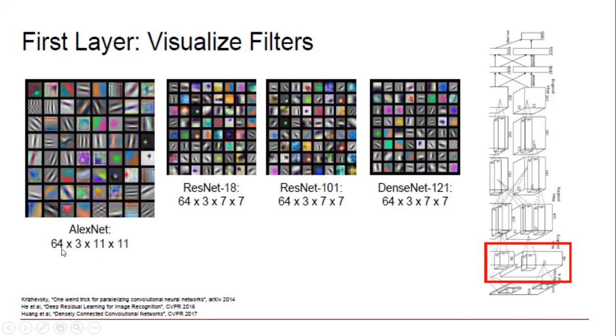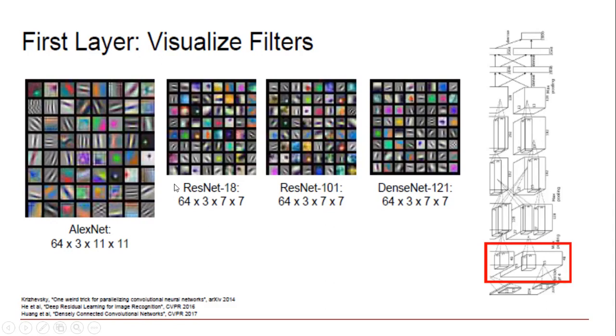If you show each 11 cross 11 kernel as an image, they are extracting different texture and edge information. Some are extracting blob-like information, some textures, and so on.